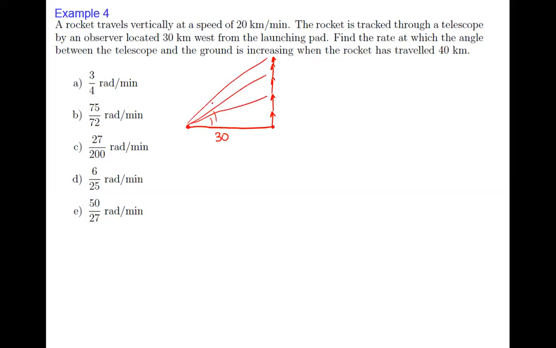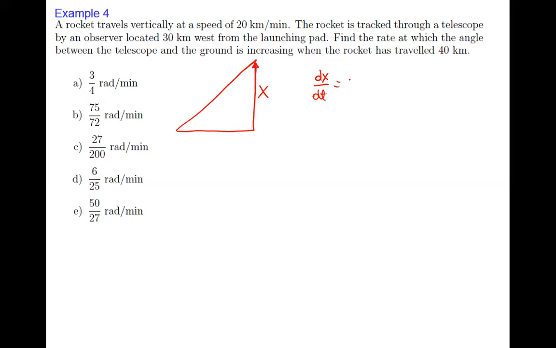That means this angle is the angle between the ground and the telescope, which I can draw as just one nice triangle. That means this distance is the rocket's path. This distance x is changing with the rate of 20 kilometers per minute. That's my rocket.